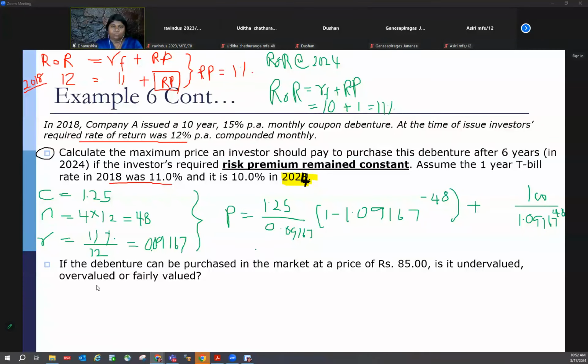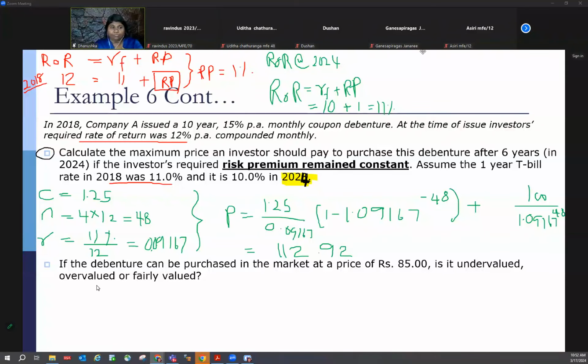And this comes to 112 point. There's a slight deviation due to the way you would have taken your number of decimal places, 0.09167 or 0.917. But somewhere 112.89, 112.92, they're very close.